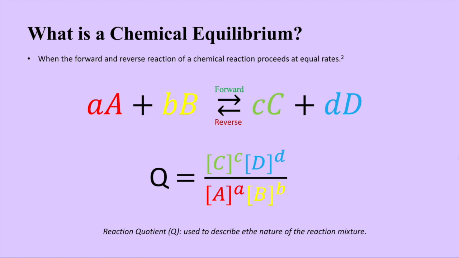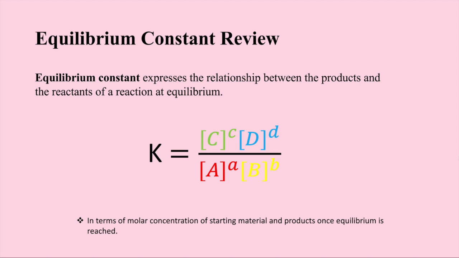As you will soon learn, these values of concentration will not remain constant throughout the reaction. However, the equilibrium constant will remain the same. So as a reminder, the equilibrium constant expresses the relationship between the products and the reactants of a reaction at equilibrium.